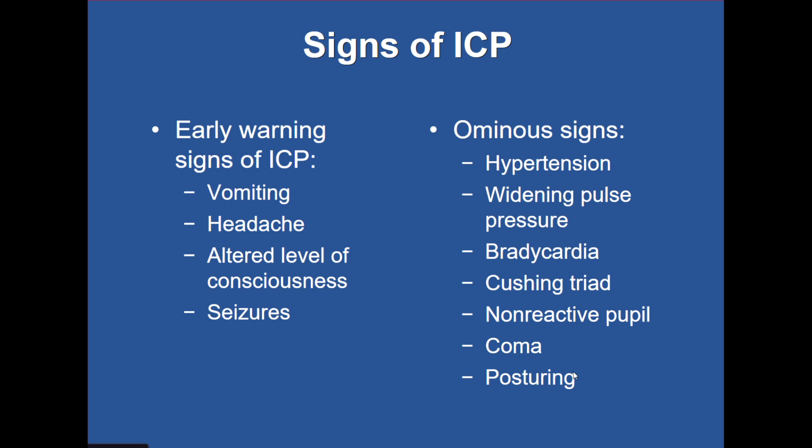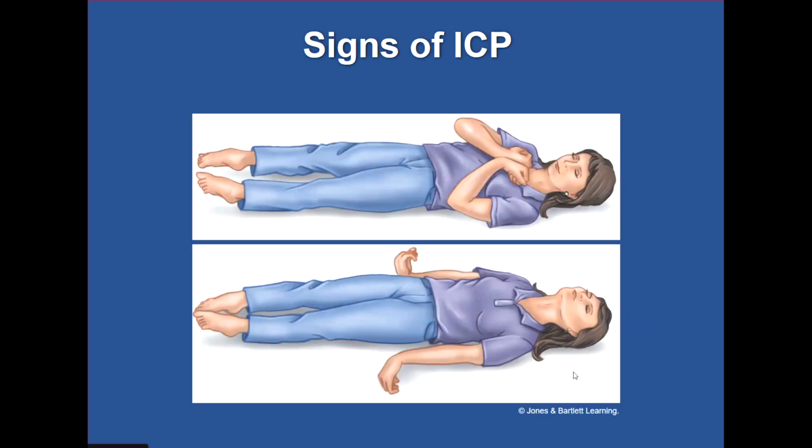They're unresponsive. And then you can have posturing that occurs. Either decorticate posturing, where everything moves in towards the core, which is slightly better than decerebrate posturing, where everything moves out and away from the core. Decerebrate posturing is a good sign that they are having a herniation of that brainstem.